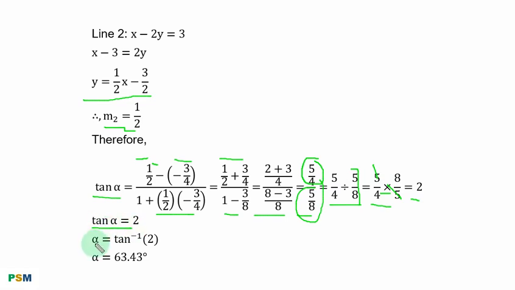To get alpha, take the inverse of tangent of both sides. You have alpha equal to inverse of tangent of 2. To 2 decimal places, alpha is equal to 63.43 degrees.